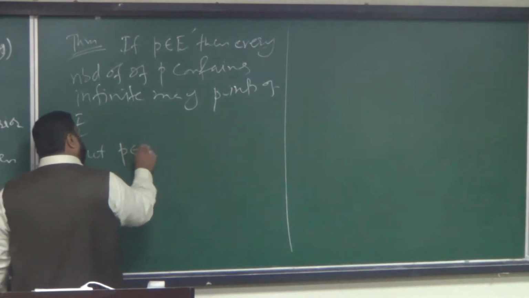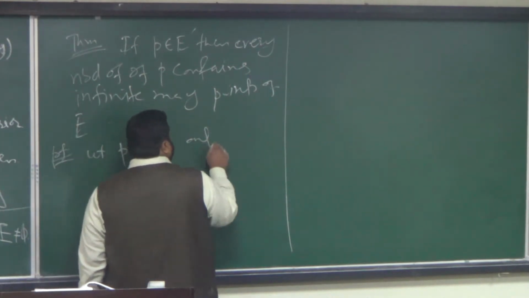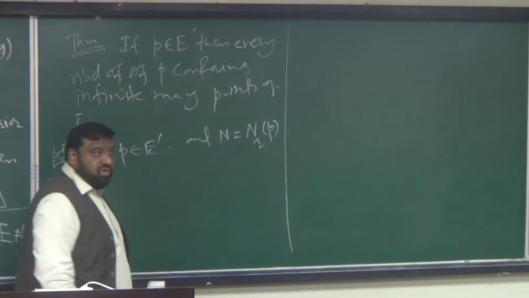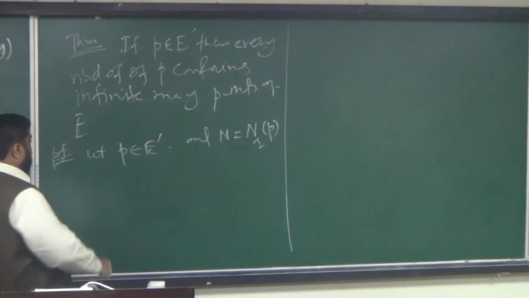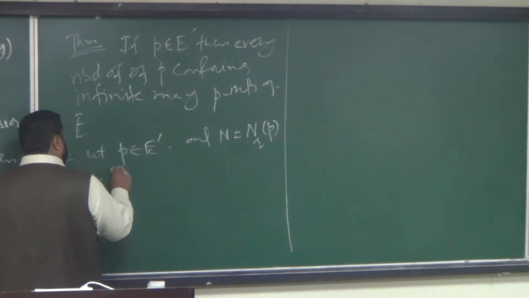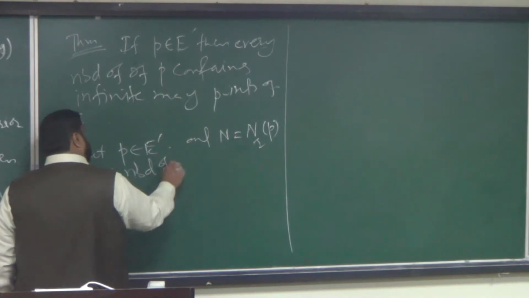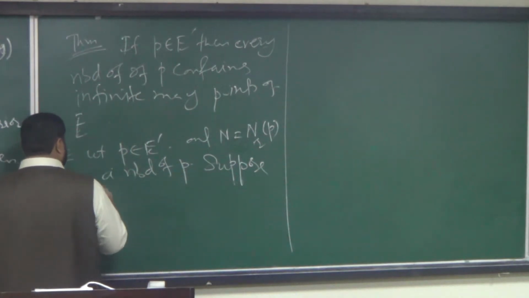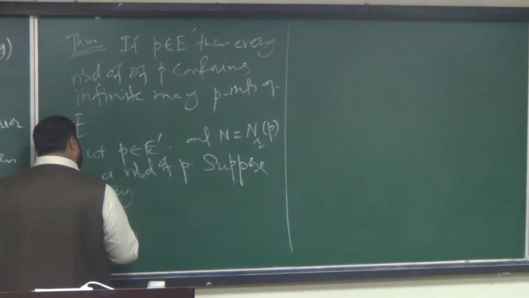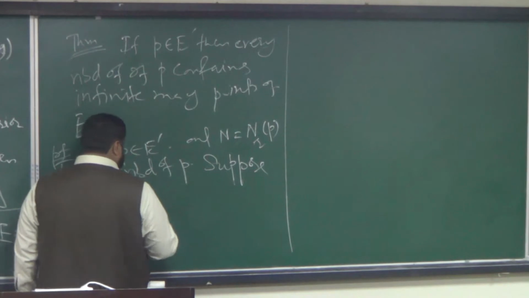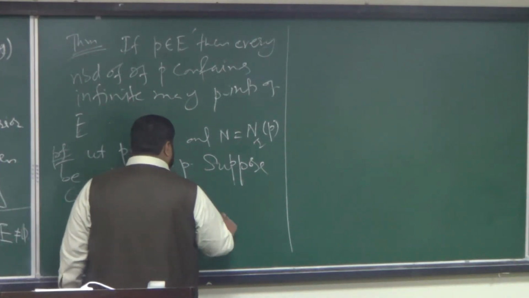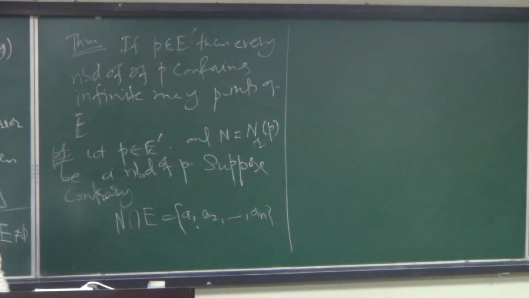So let's write that P is a limit point of E, and N, which is N_r(P), a neighborhood of radius r of P, be a neighborhood of P, and suppose the contrary: when you intersect N with E, it contains finitely many distinct points, A1, A2, up to An, like this picture. Okay?